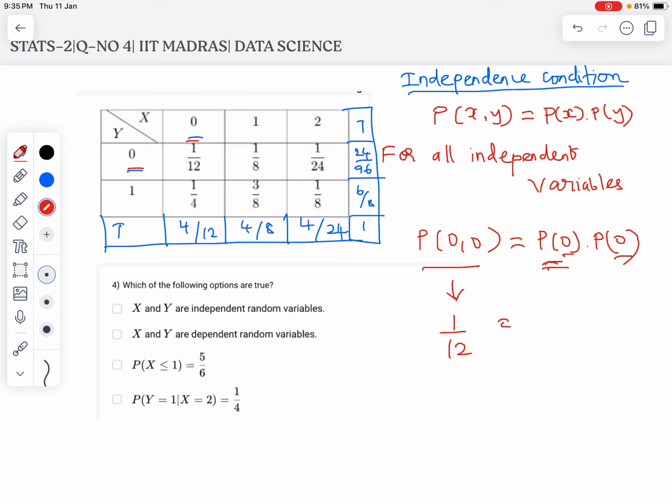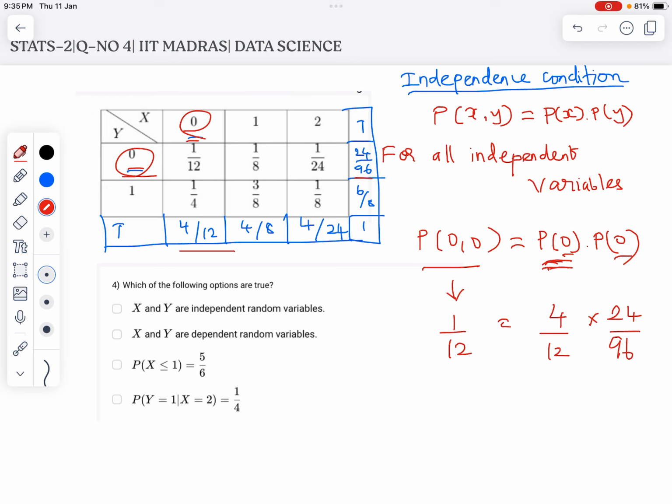Now for 0 comma 0, first individually for x, the 0 value is 4 by 12. So 4 by 12 into, now the y value we are going to concentrate on here, 0, that is 24 by 96.